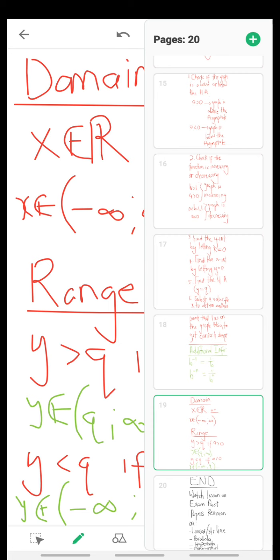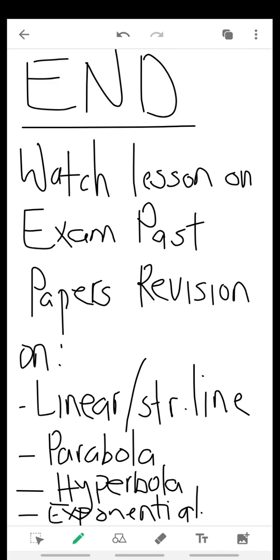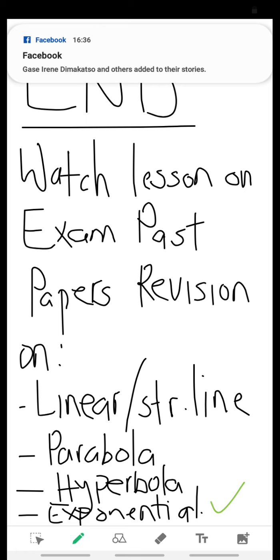Okay, now we have come to the end of the session. I'm encouraging you to watch the lesson on exam past papers, where we will be revising a lot of question papers, very important. So we will cover questions on the linear straight line function, also on the parabolic function, and also on the hyperbolic function, as well as the exponential function.